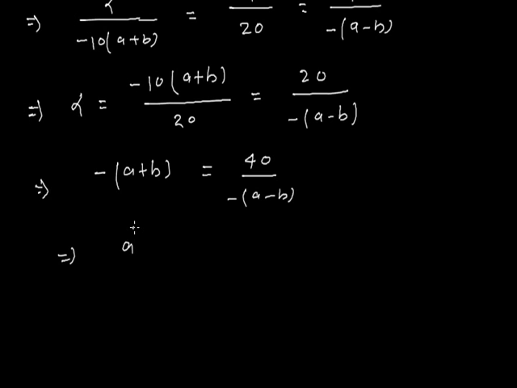We can get the relationship a square minus b square equal to 40.